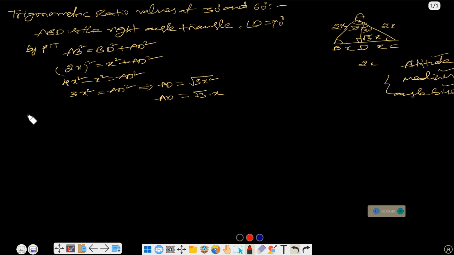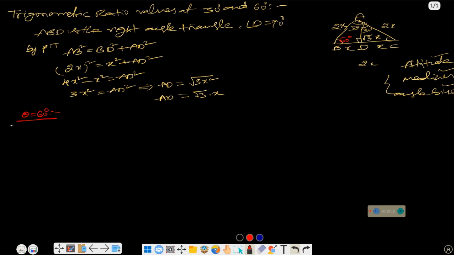Now listen, theta equal to 60 degrees. In the triangle ABD, what is the B value here? 60 degrees only, because it is the equilateral triangle, where each angle is 60 only. In the triangle, you can take either ABD or ACD, no problem, because all angles are equal. So in triangle ABD, I am taking B equal to 60 here.